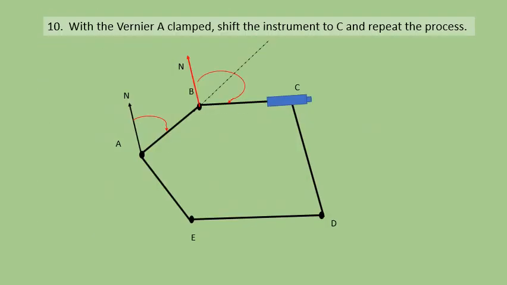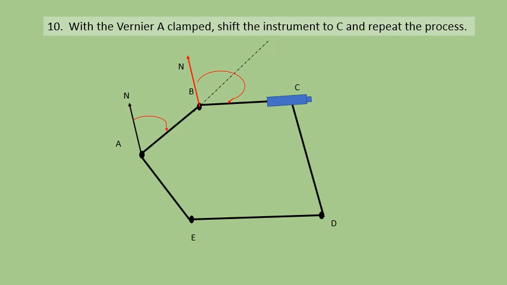Let us do one more step. I have shifted the instrument to C, but at that time my vernier screw is clamped. So whatever reading was there, the bearing of line BC, remains intact. Now I have set up the instrument at C, done all temporary adjustments, and I am backsighting to point B by loosening the lower clamp.